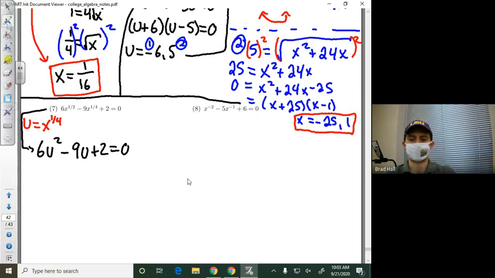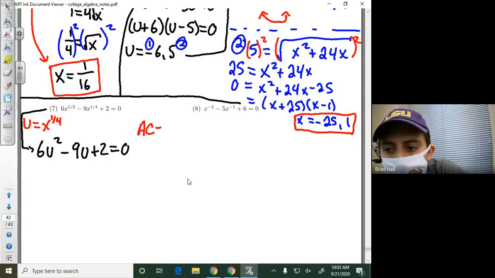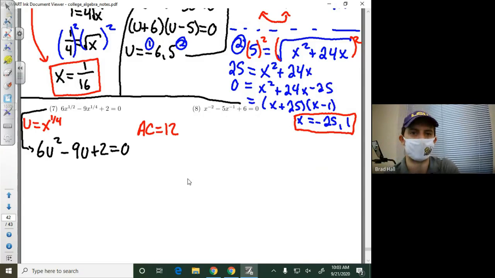And then from here, we can go ahead and factor. Now, this is the first one where we have to factor using the AC method. If you try using the AC method, it would be 6 times 2, which is 12. And you'd have to find two numbers that multiply to give you 12 and add together to give you -9.